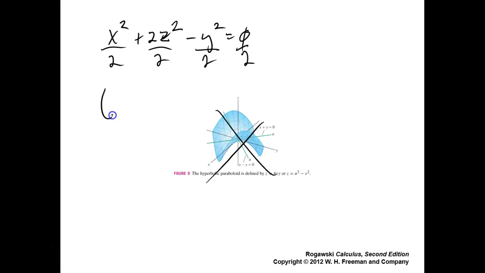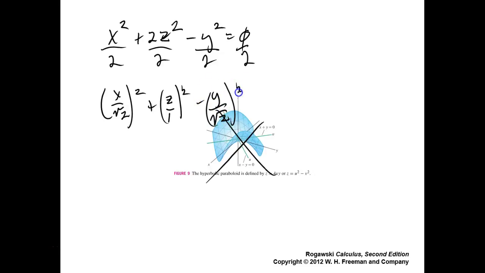This would give you x over root 2 squared plus z over 1 squared minus y over root 2 squared is equal to 0. Now that's closer to the standard form. I'm not sure it was exactly the standard form, but to me that's the one I would use.